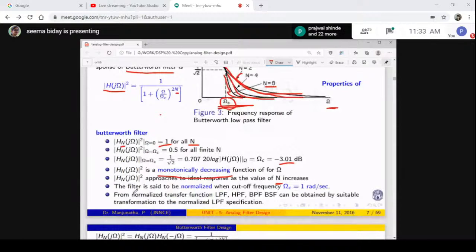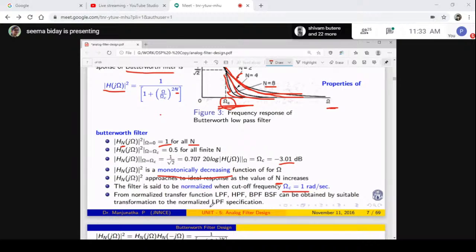Now, the filter is said to be normalized with cutoff frequency omega c equal to 1 radian per second. Now, there may be a question, what is a normalized filter? So at that time you must know the cutoff frequency omega c is 1 radian per second. Is this okay? And from the normalized transfer function, low pass filter, high pass filter, these can be obtained by using suitable transformations on the normalized low pass filter.